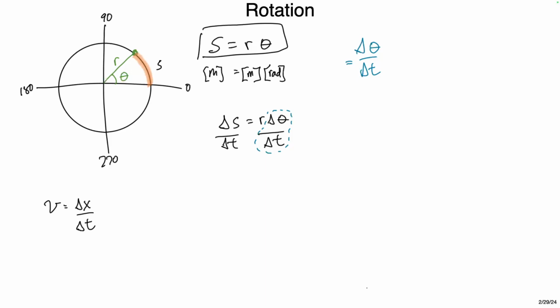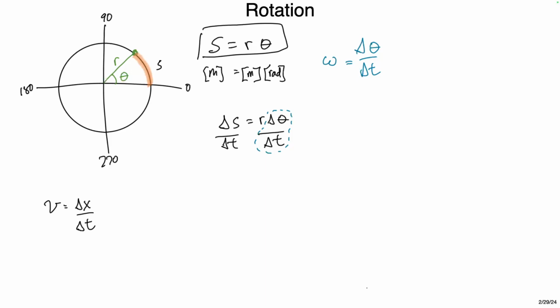What symbol are we going to use for that? One of the things you may or may not have noticed yet is that we seem to be going Greek. As soon as we get into rotation, we're using thetas instead of x's and y's and linear things, okay? So we're going to keep the theme up, and we're going to use this symbol right here.